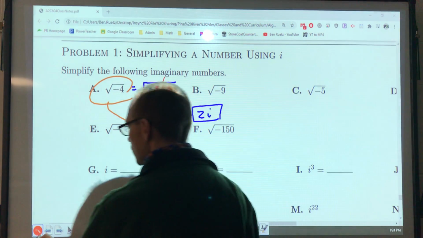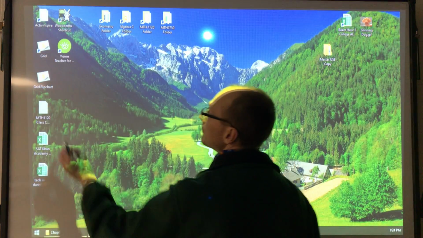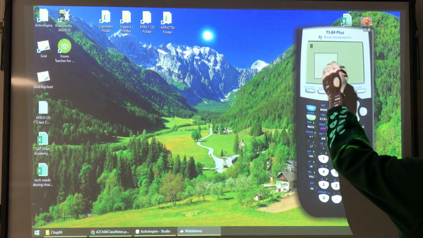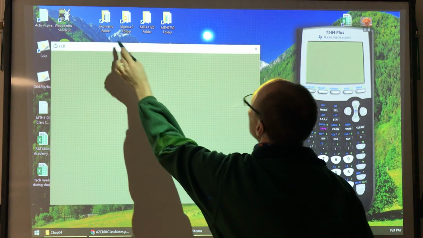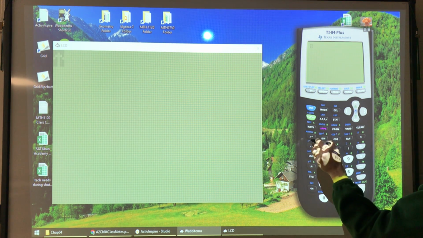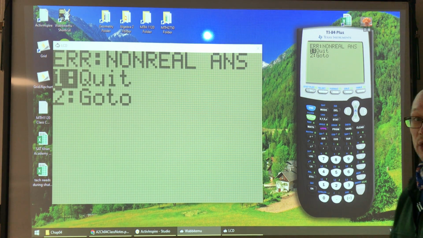And I can actually show you that in a calculator. If I have the graphing calculator and I want to show you what the square root of -4 equals, it doesn't work. You get an error.